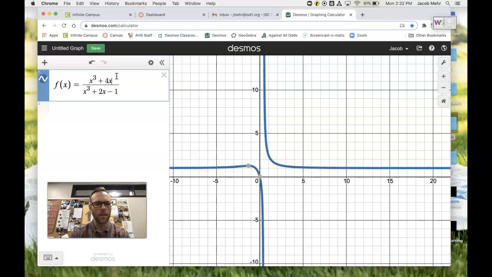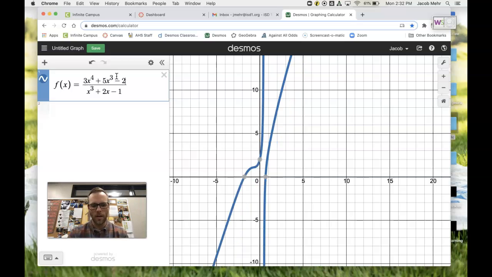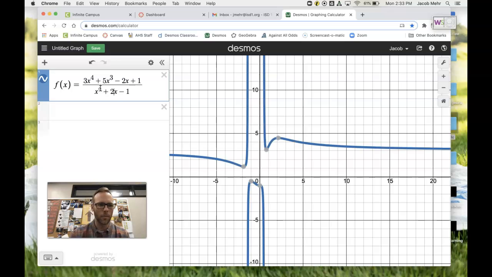Okay. Now let's make up another one where the degrees are the same. This time it's going to be 3x to the 4th plus, I don't know, a bunch of other stuff. And then let's make this an x to the 4th plus, I'll just leave that other stuff. All right, the degrees are the same. So what I do is I ignore the constants, I ignore the other terms, I just cover everything up except 3x to the 4th over x to the 4th.